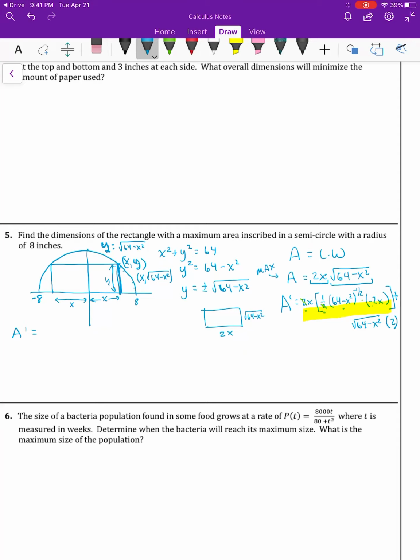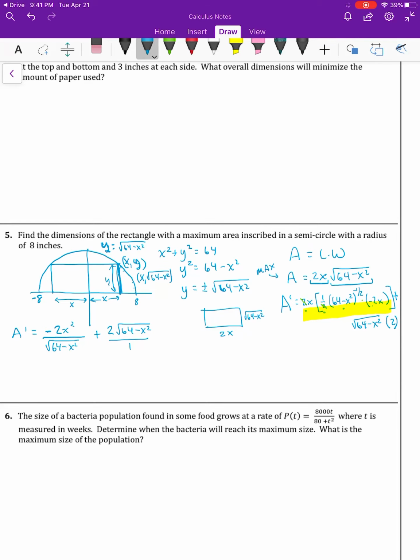Or I could have gotten rid of it with this 2. Either one, but you have to do one or the other. But that is this times this times this times this. So since that's all multiplication, you can get rid of that 2 pretty easily. So let's go ahead and continue here.